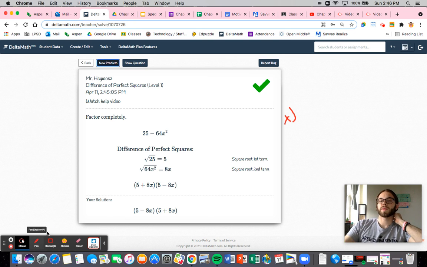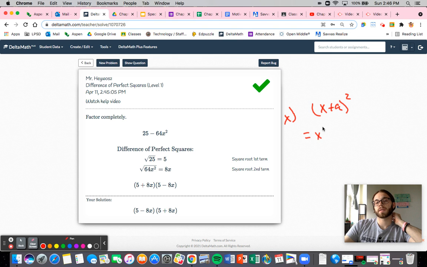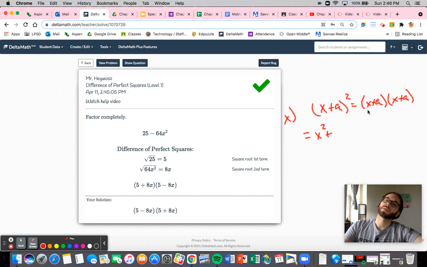Now, as you might recall, you also have the other kind of special case, x plus a squared, which was equal to x squared, right? X plus a times x plus a, x squared plus 2ax plus a squared. So once again, you still see this pattern, the square binomials.